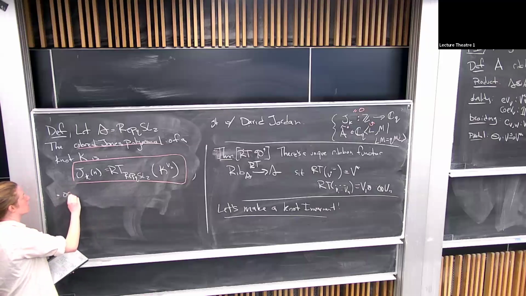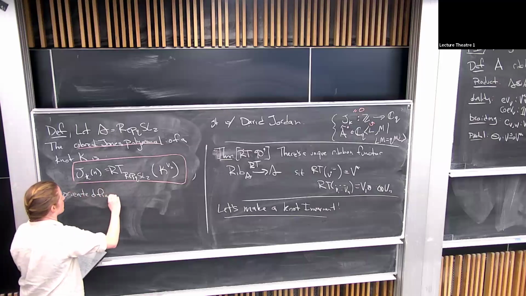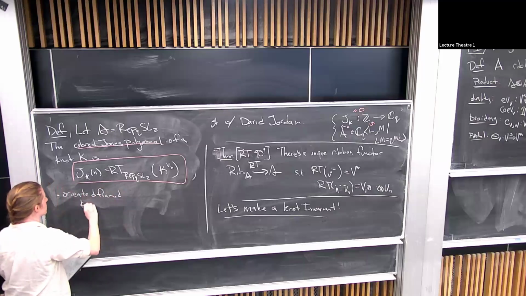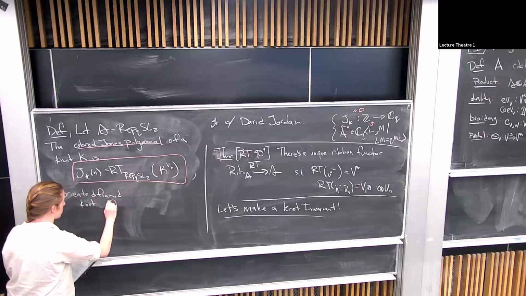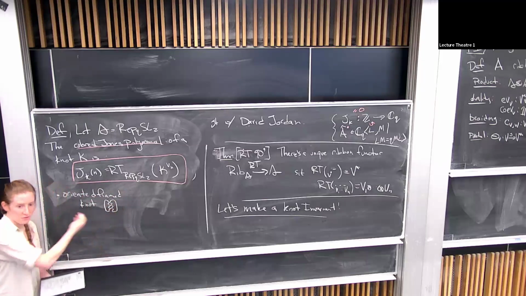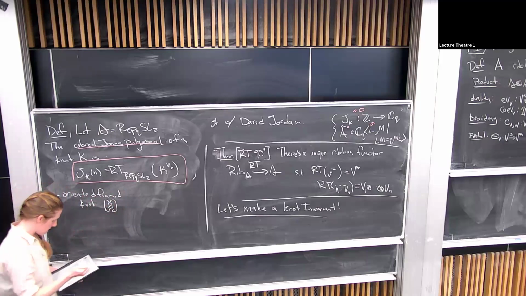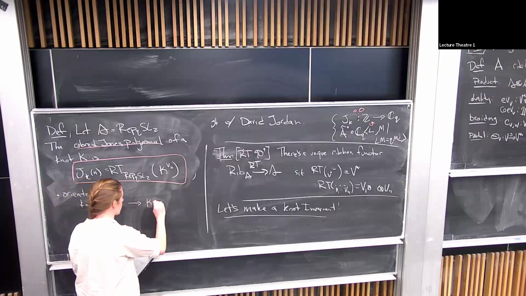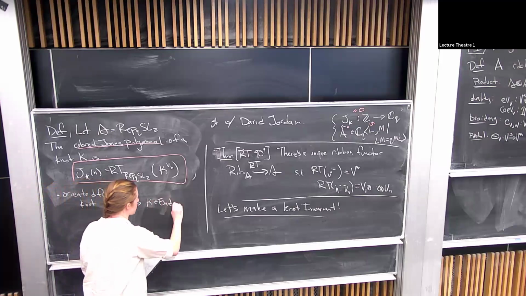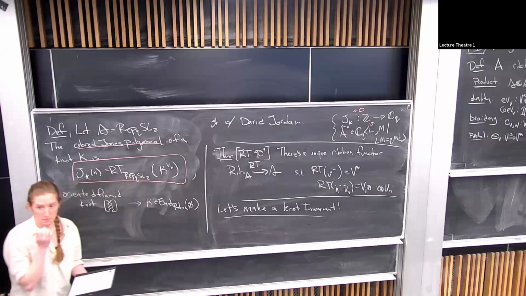First, I have an oriented framed knot. I'll follow our conference's proud tradition of only drawing the trefoil. So I have this knot, and I can think of this as an endomorphism in this category of ribbon graphs of the empty, right?